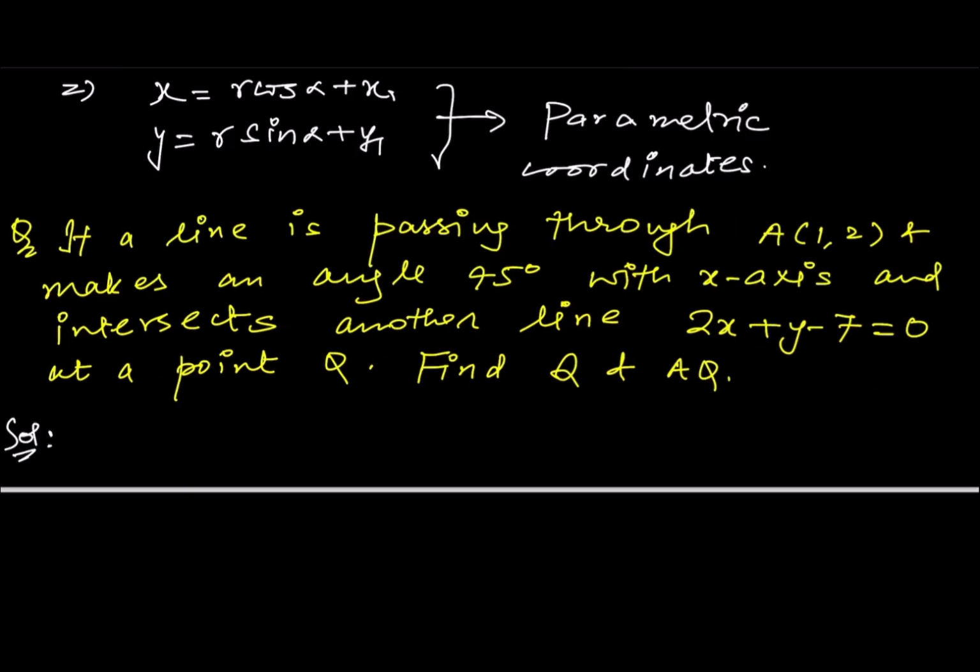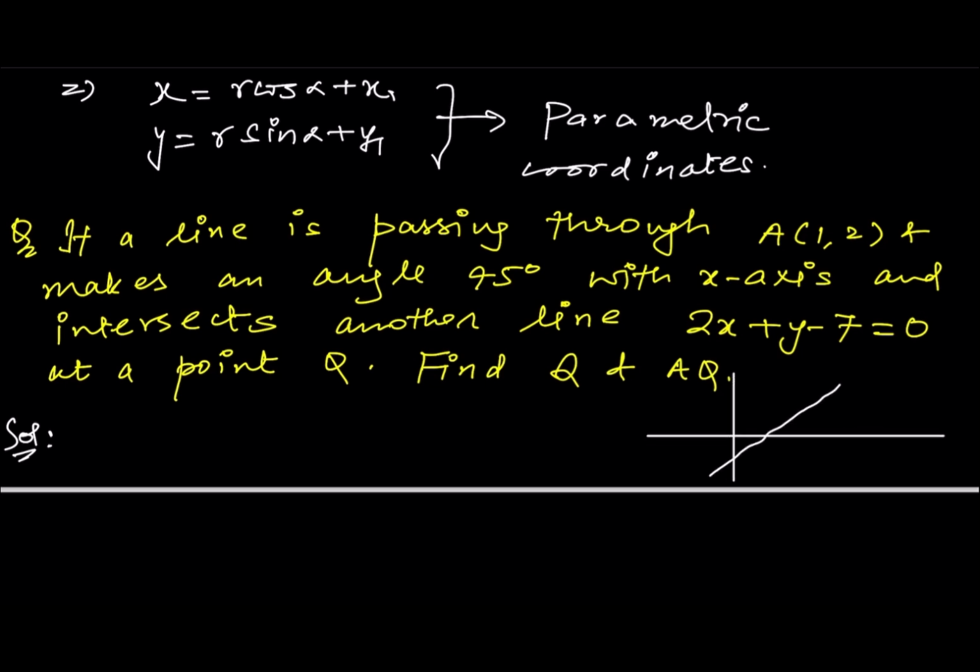The question is, a line is passing through A and makes an angle of 45 degrees with the x-axis. Right? So again I am making a diagram for this particular question.